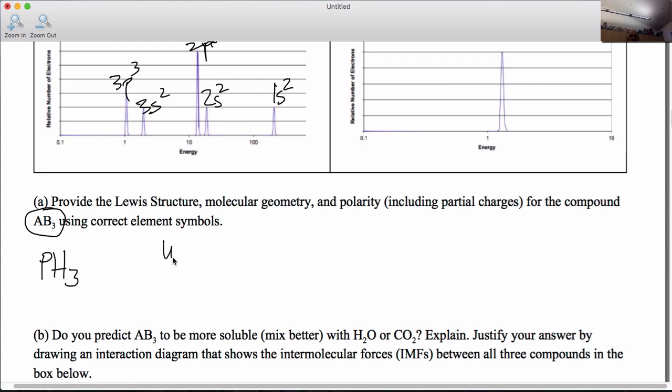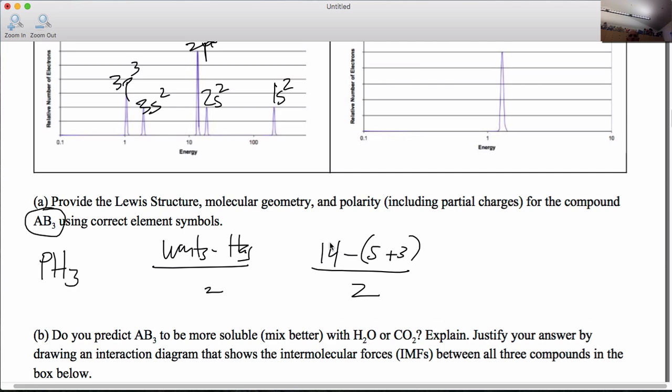So wants minus has divided by 2. So wants, this is going to be 8 plus 2 times 3 is 6, 14 minus has. So we know that phosphorus is 5 plus hydrogen, which is 3, so that's 14 minus 8, 6, divided by 2 is 3.